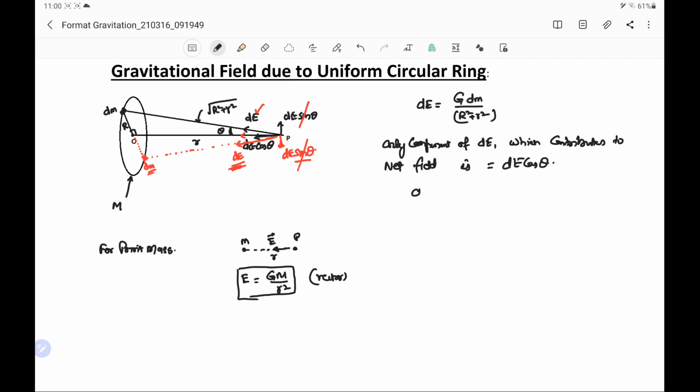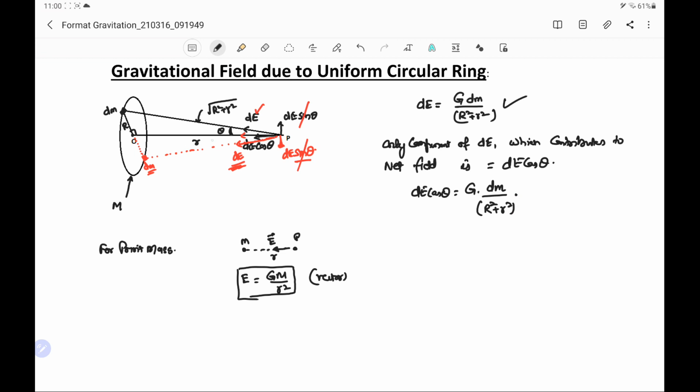Therefore, dE cos theta will be equal to G dm, the elementary mass, divided by R square plus r square. This is dE. And now cos theta.